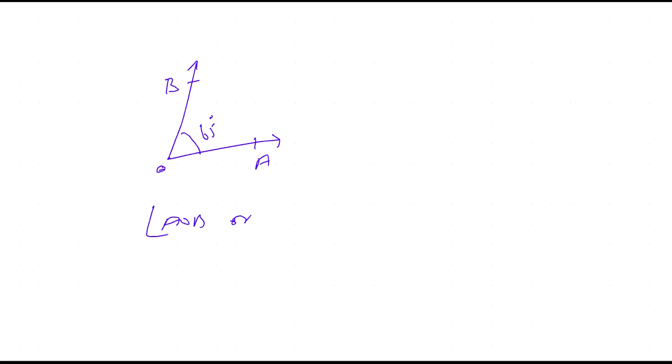That is the angle. This is called the vertex. And these are arms. Both are arms. Two arms and one vertex, you are getting an angle. Here two rays are intersecting.